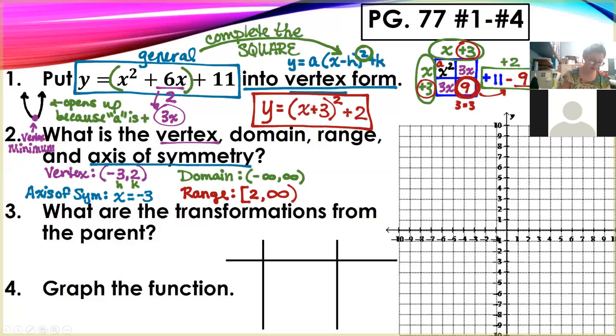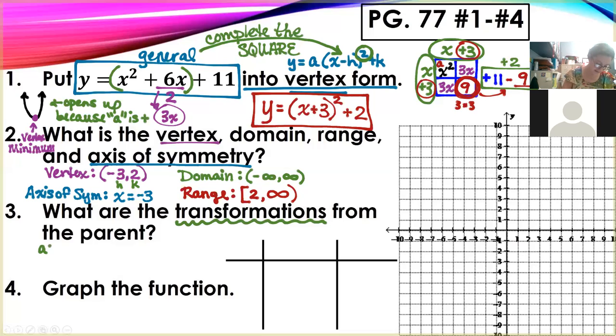All right, transformations from the parent. Transformations from the parent we want in words, things like stretched, compressed, reflected, left, right, up, down. That's what I'm looking for whenever you see the word transformations.